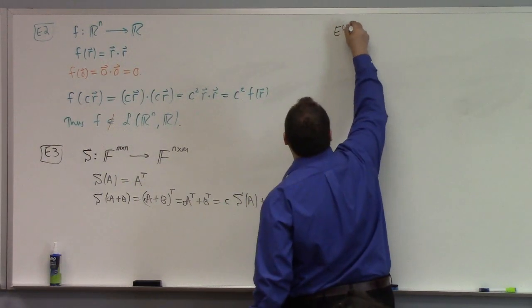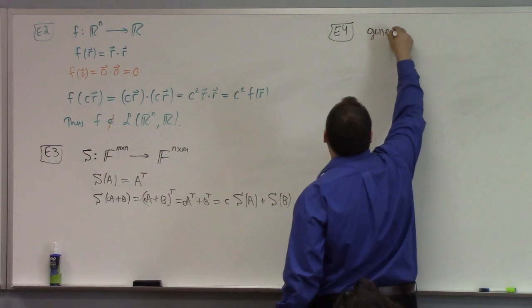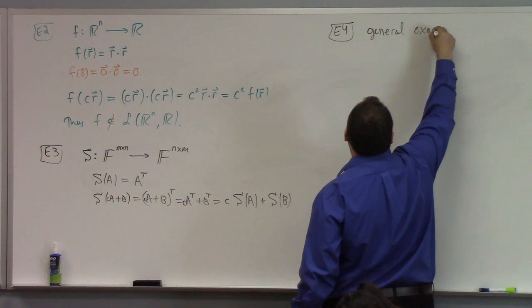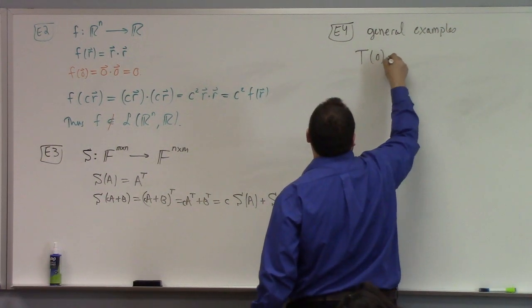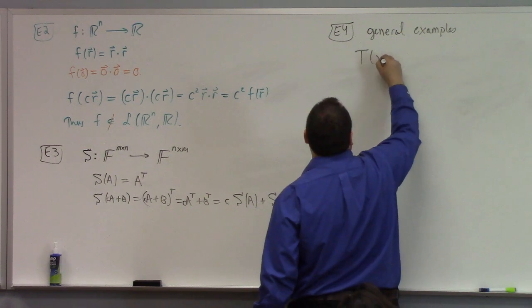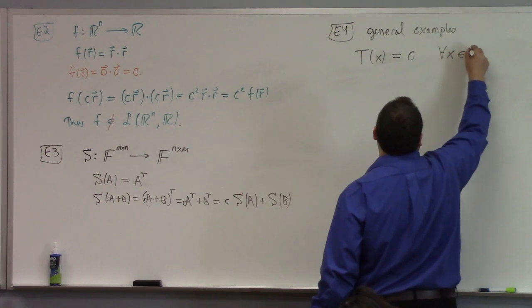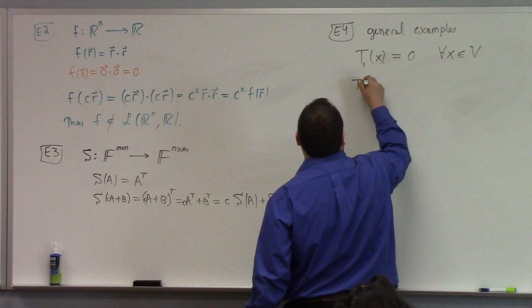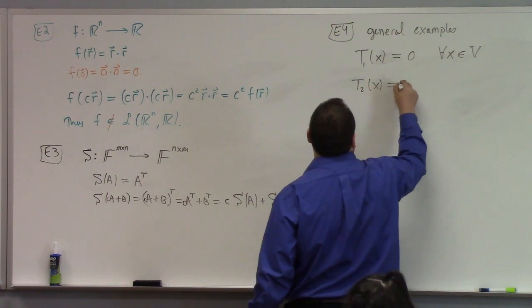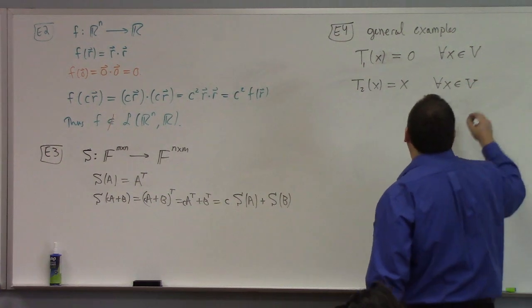Other general examples. These work for any vector space. If we take T1 of x equal to 0 for all x in V, and we take T2 of x equal to x for all x in V, right?